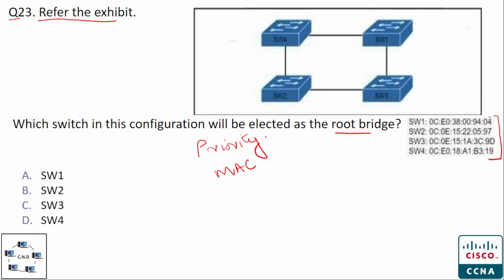If the priority is the same, here since we are not given the priority, it means that all the switches have the default priority, then the decision for the root bridge is based on the lowest MAC address. So in these four MAC addresses, switch 3 has the lowest MAC address.